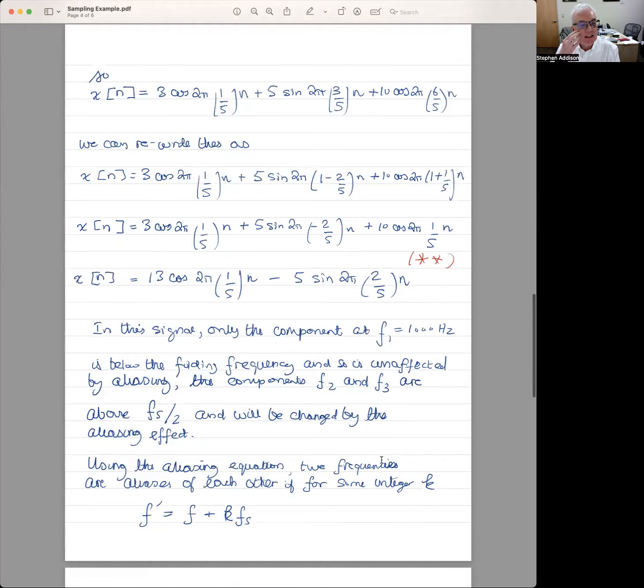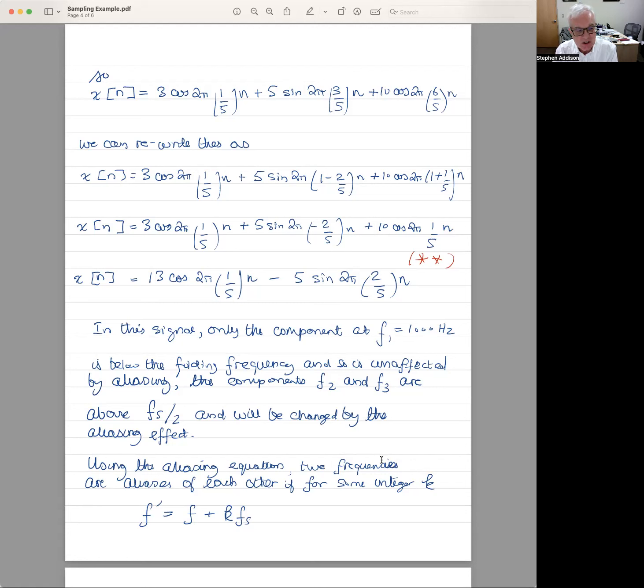I just divided through. So instead of having 1,000 divided by 5,000, I've got 1 divided by 5, but that's our sample sequence. I can rewrite that because we can use the properties of sines and cosines, and you can see that the third term gets rewritten in terms of the first term.